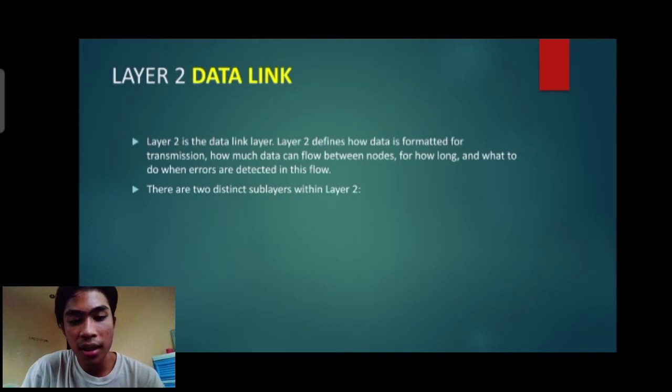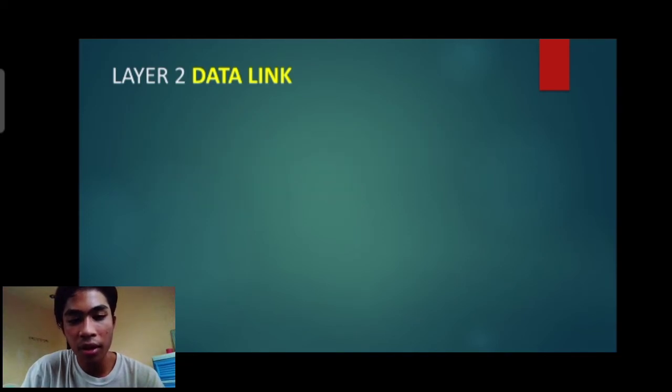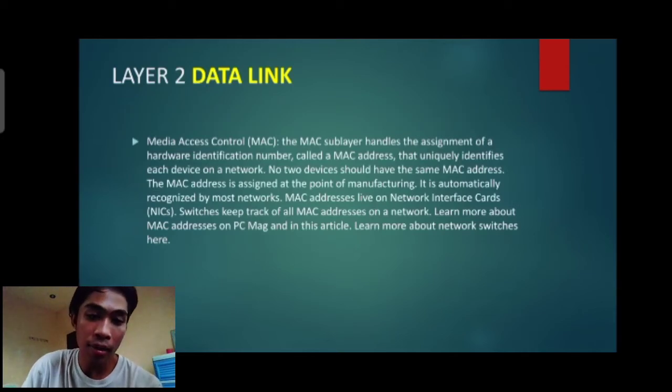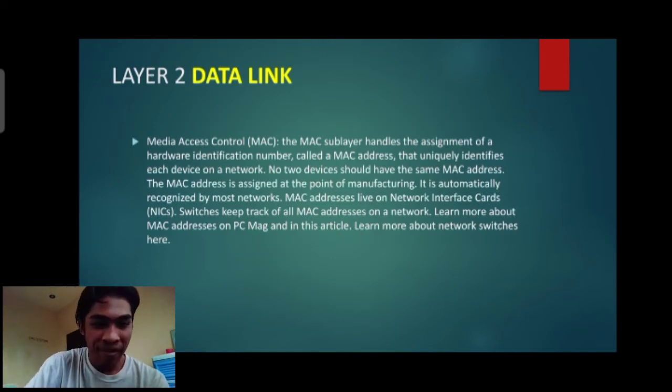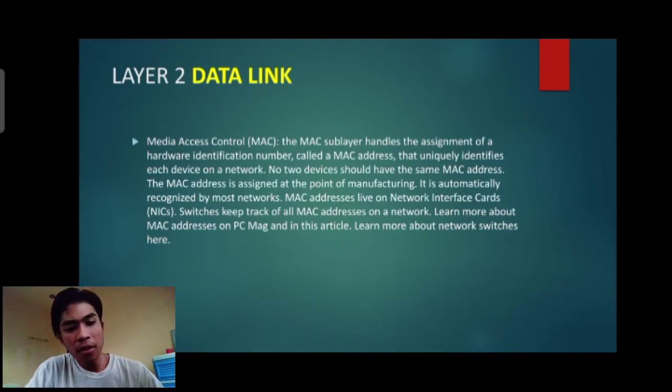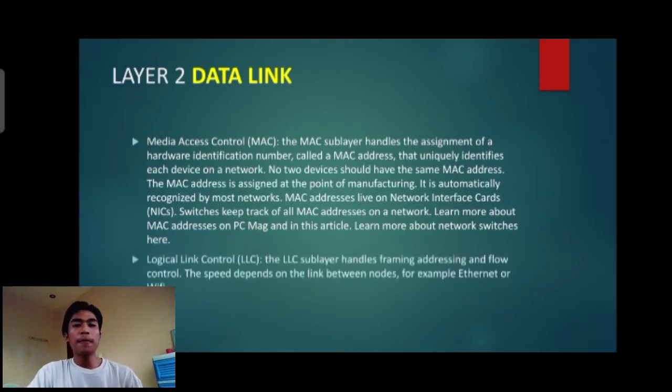And there are two distinct sublayers within layer 2. What are those? The media access control, or MAC. When you have a phone, we are very familiar with the MAC address. The MAC sublayer handles the assignment of a hardware identification number called MAC address that uniquely identifies each device on the network. A lot of people are confused about the MAC address and the IP address.